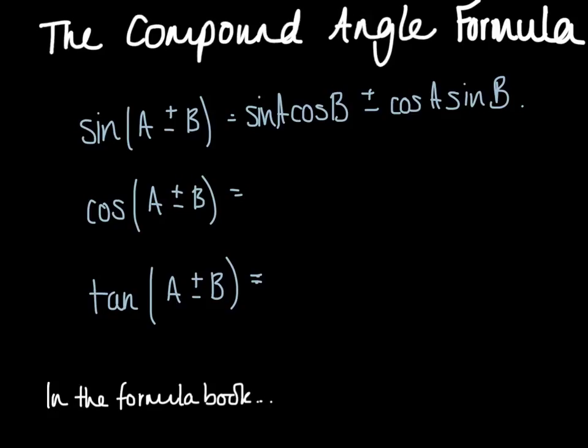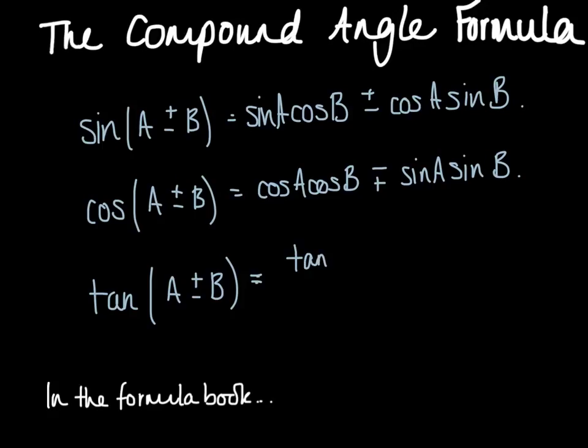Cos A plus B is cos A cos B minus, so they actually swap over. Tan is tan A plus or minus tan B over 1. Right, now these swap over, so if it's a positive in the compound, it will be a negative in the expansion on the bottom here.